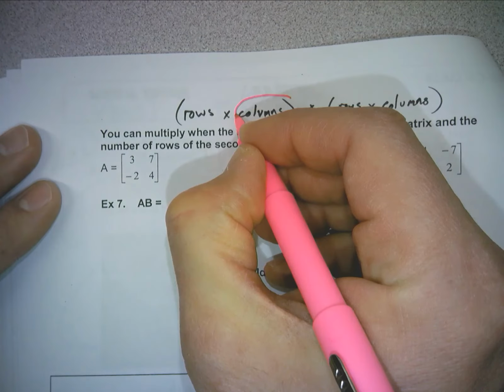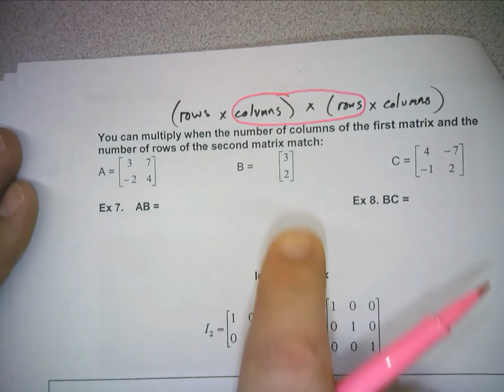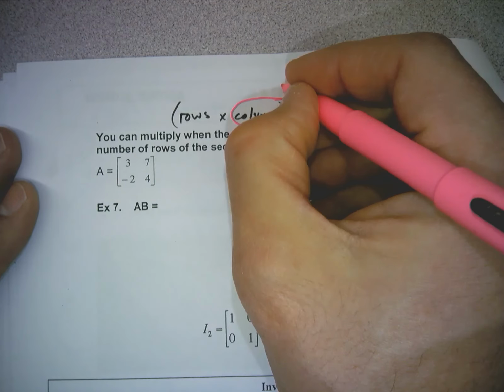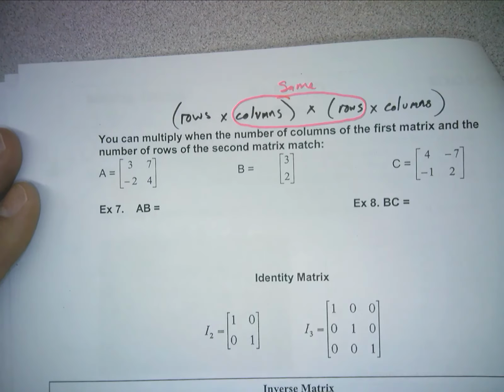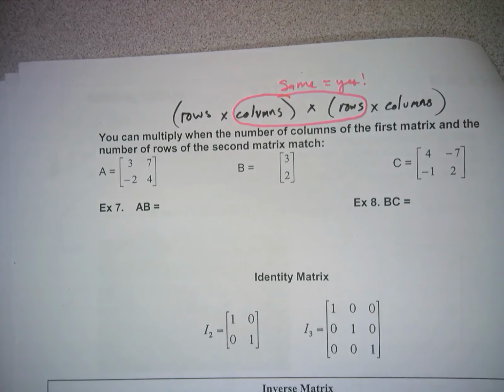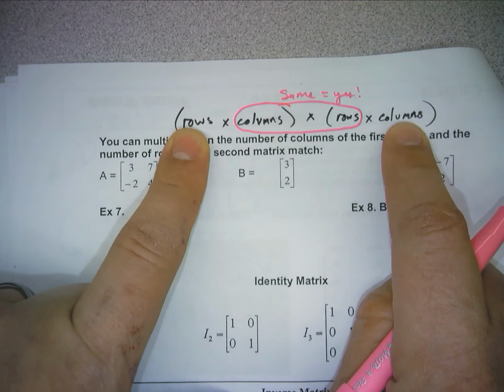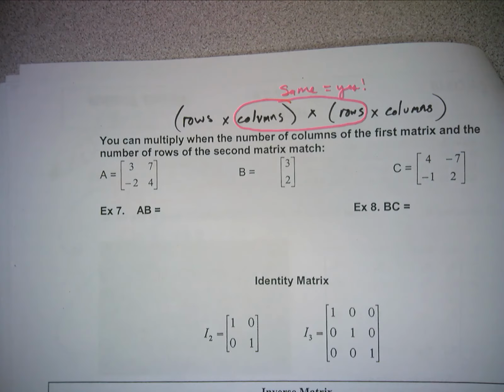When you put the sizes next to each other, these two have to be the same. If those are the same, then we can do it. If those are not the same, then we can't. Okay? And then the size of your final answer is going to be this guy.